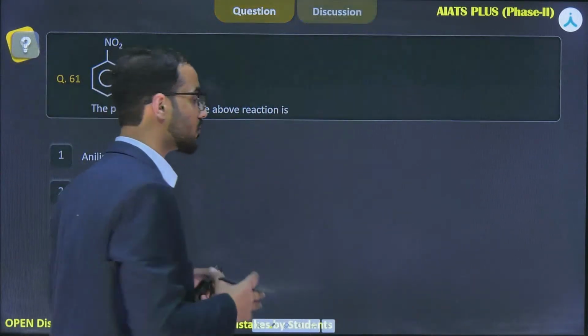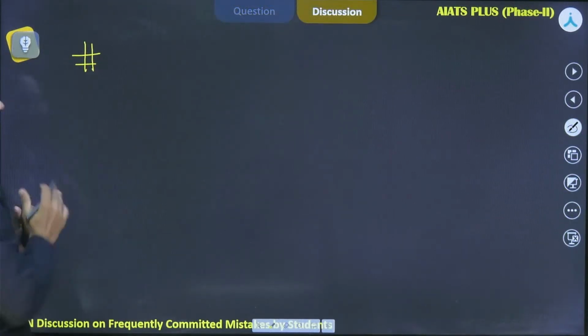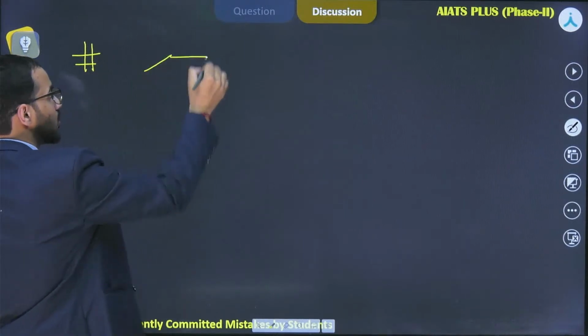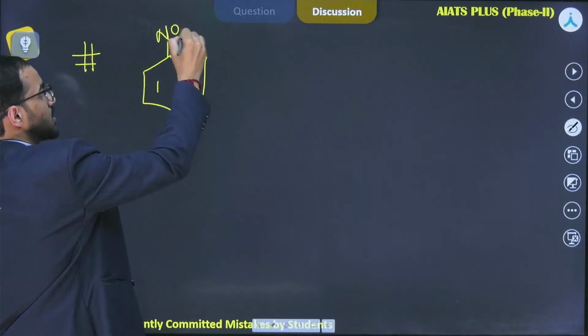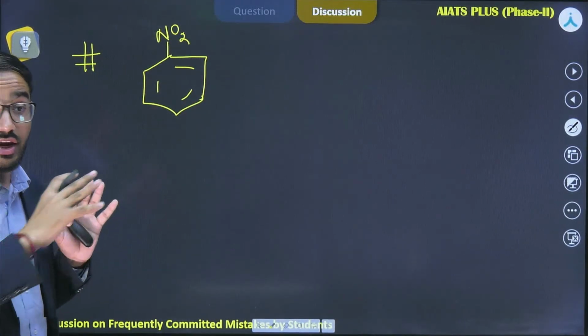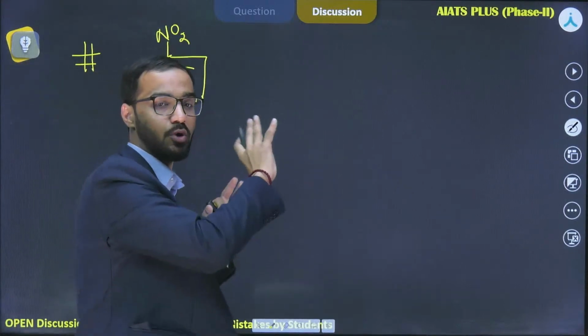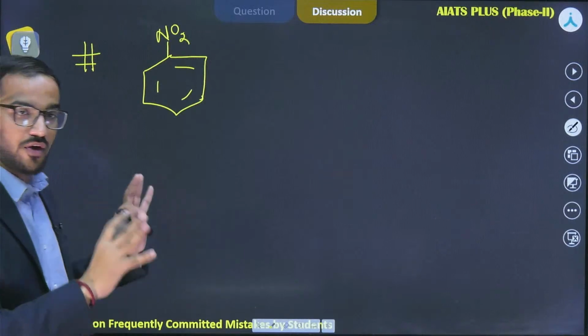It will be very helpful for you guys. First and foremost, let us consider nitro as a substrate, and we are just changing the reagent and the product of the reaction will change. Try to remember it. It will be very helpful for your exam.